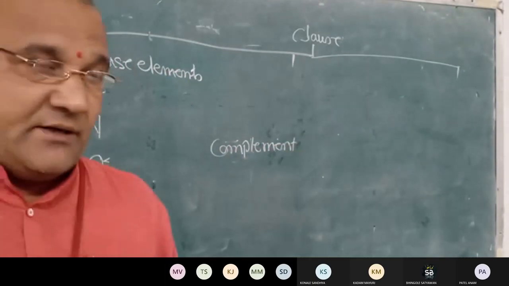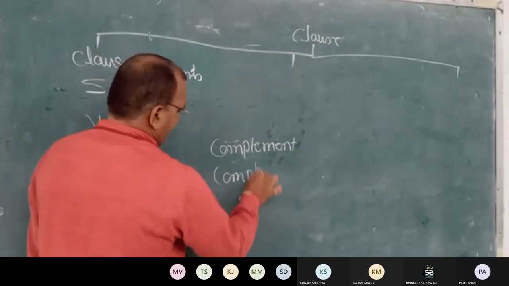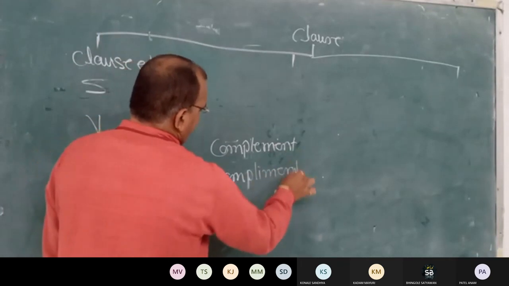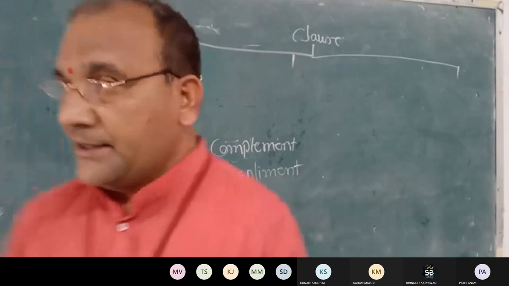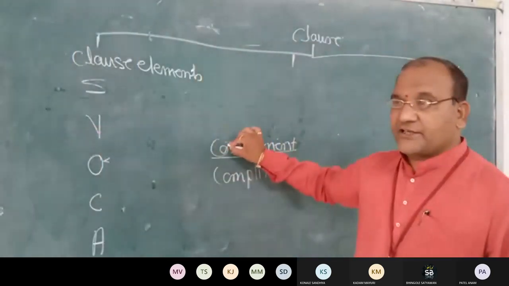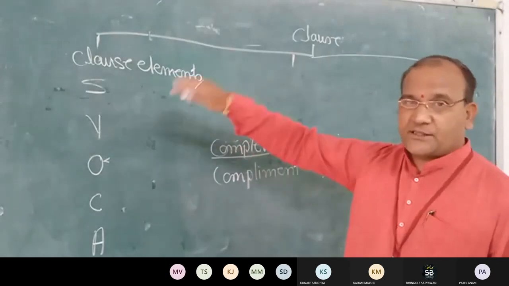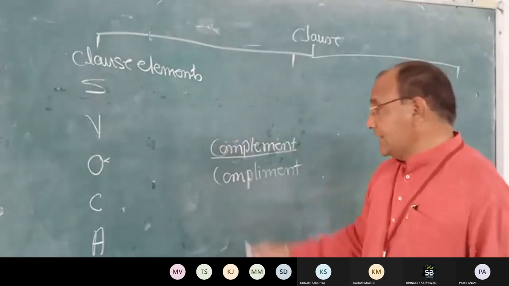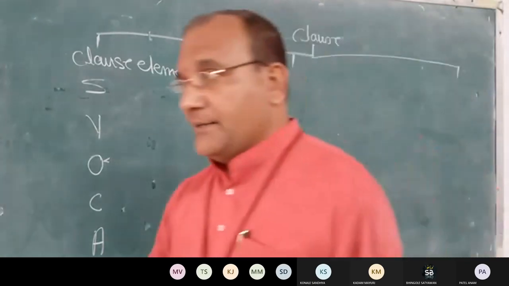In English, we also have a word like compliment, C-O-M-P-L-I-M-E-N-T. This is grammar related. A word or a unit which relates itself either to subject or to object. Any idea what is this complement?